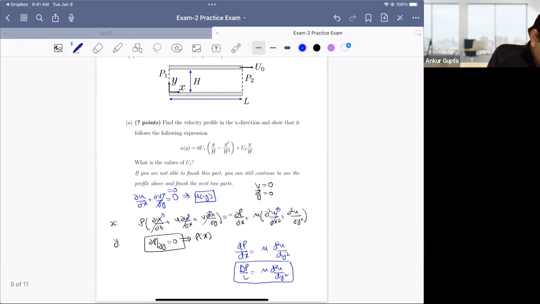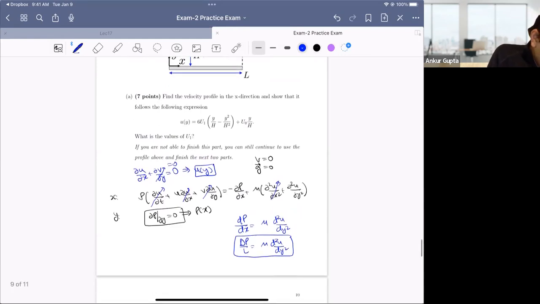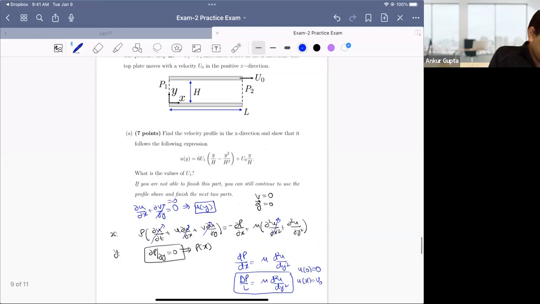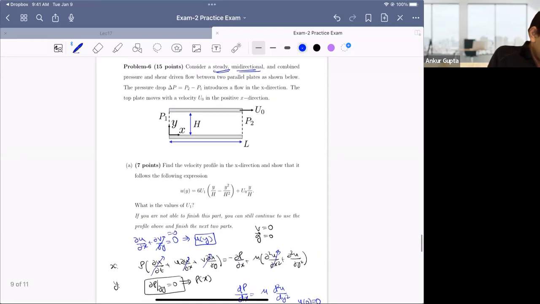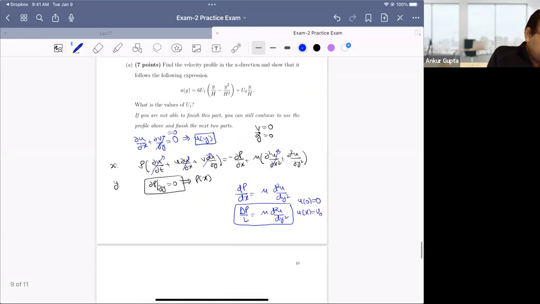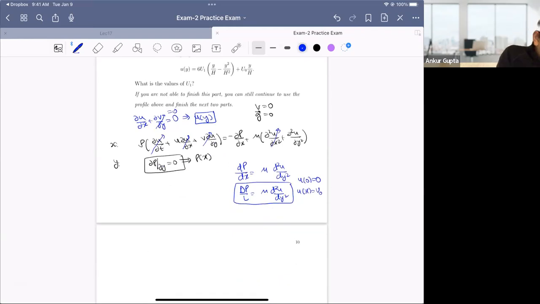We know that u of 0 is equal to 0, so the bottom plate is not moving, and u of capital H is equal to u naught. That's what's moving. And so when I integrate this velocity profile, this is something I am very habitual of, and don't worry if you're not. You will slowly be able to get to this answer.